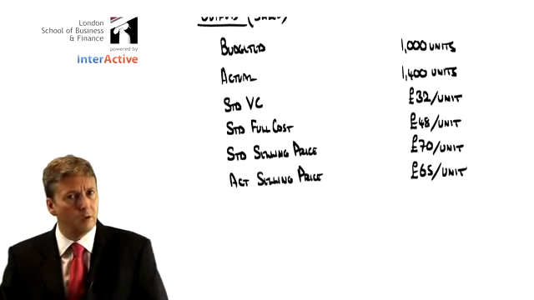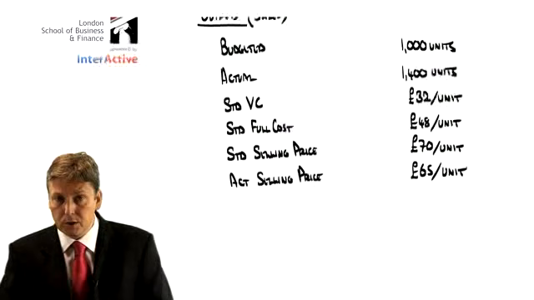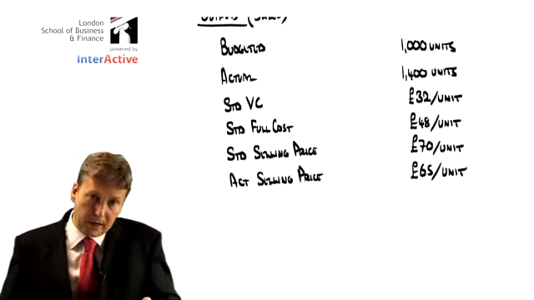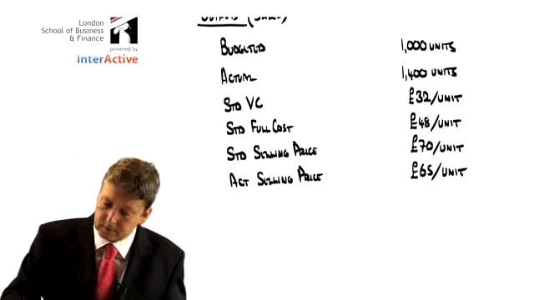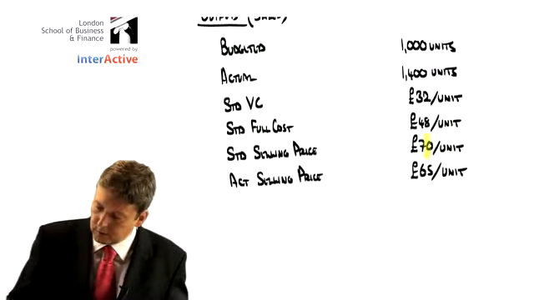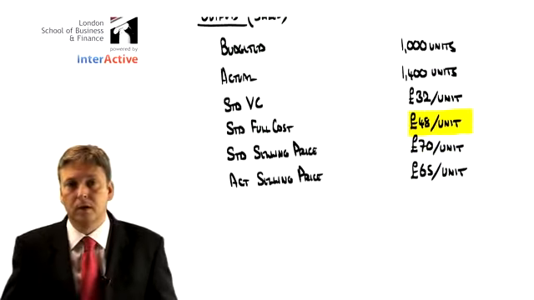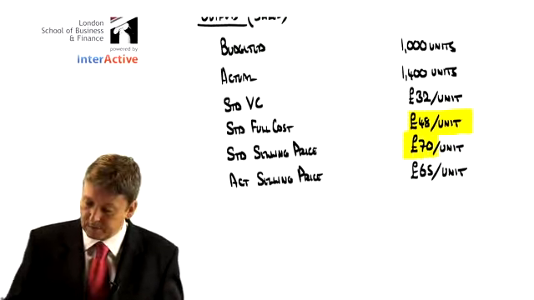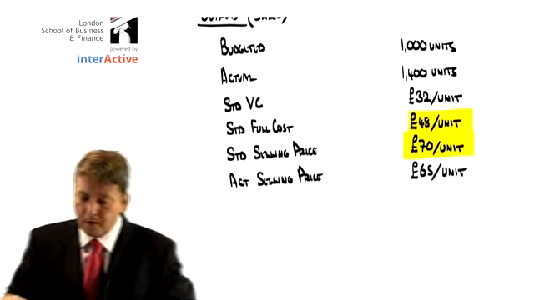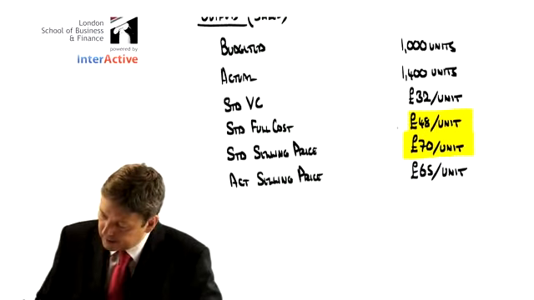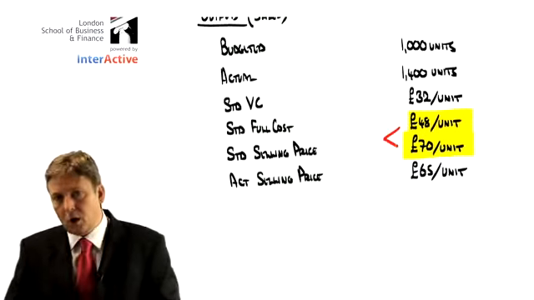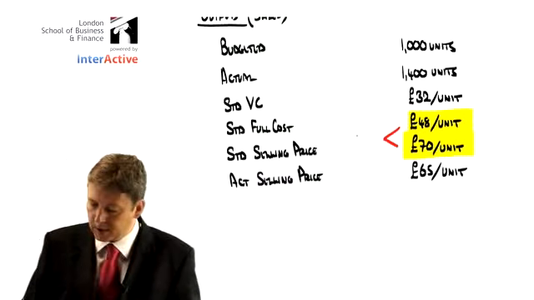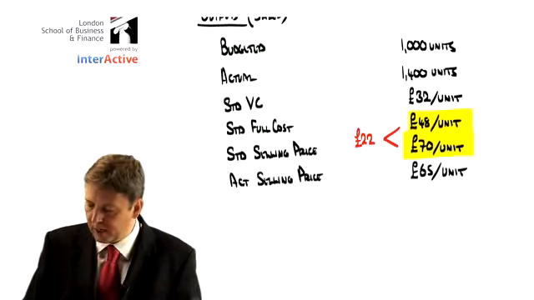When we're looking at the volume variance, what we want to do is to look at the difference between our cost base, in this case £48, and the price at which we expect to sell, £70. So what we've identified here is this. The difference between the cost base, 48, and the standard selling price, 70, is £22.